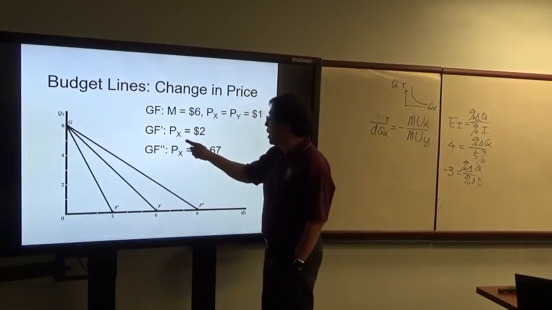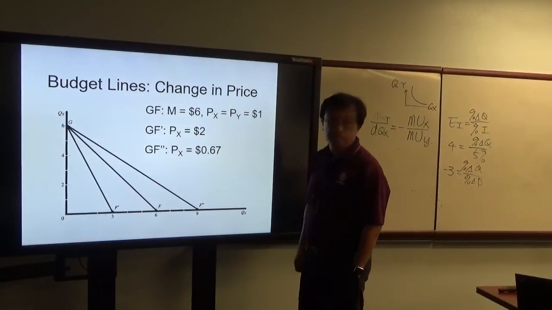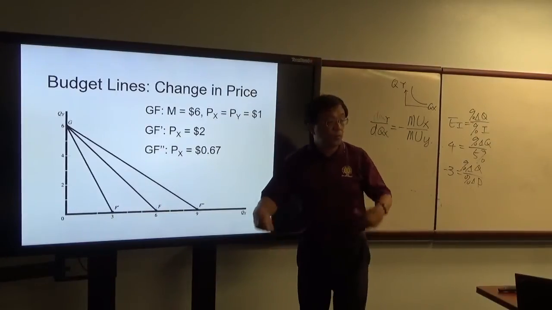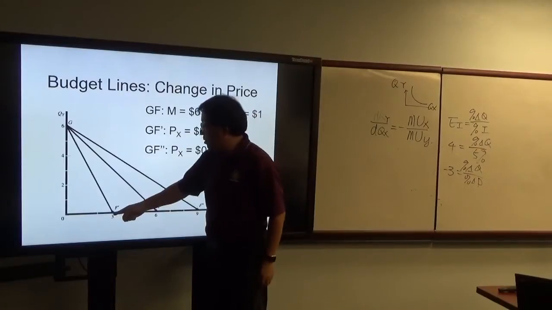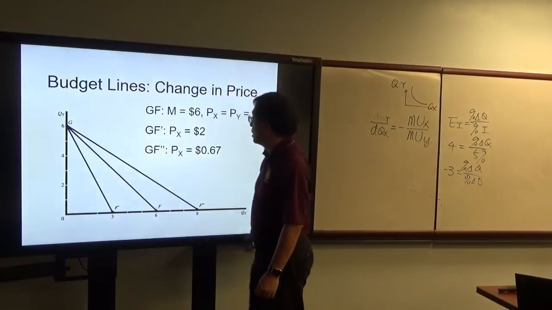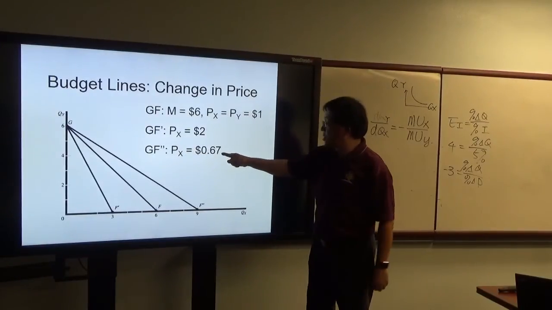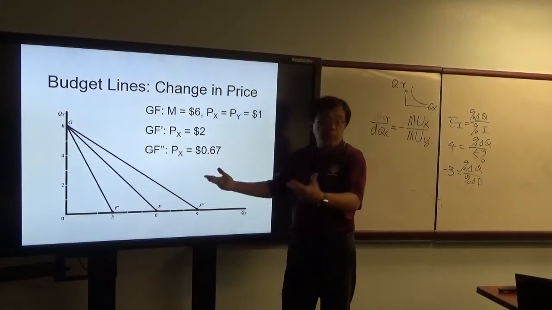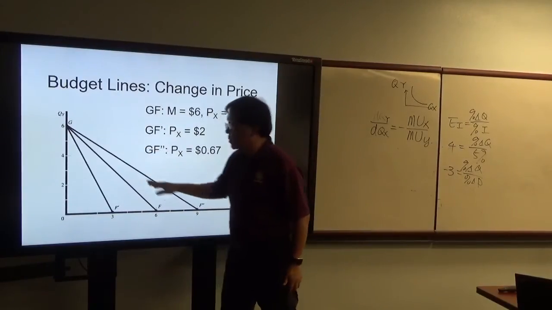Now what happens if the pizza gets, now it's $2? Then if you spend all the money on pizza, you can only buy 3. So this is a new one. Is that clear? Okay. And how about if pizza is getting cheaper, it's 0.67? Then if you spend all the money on pizza, you can buy more pizza. So you can see this is what happens to the budget.